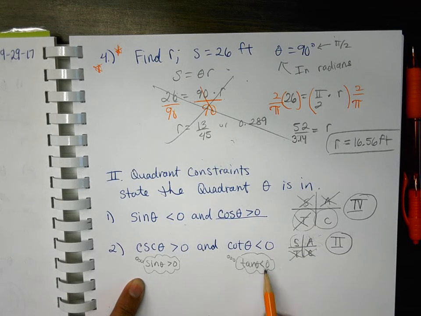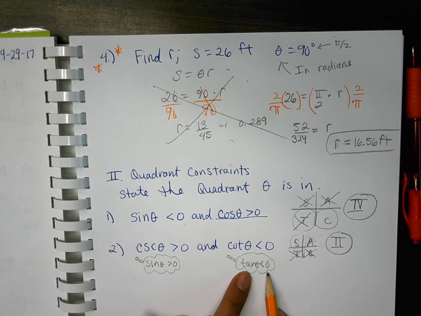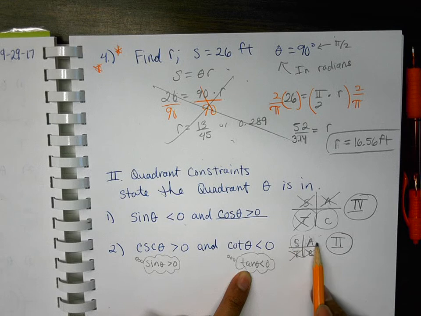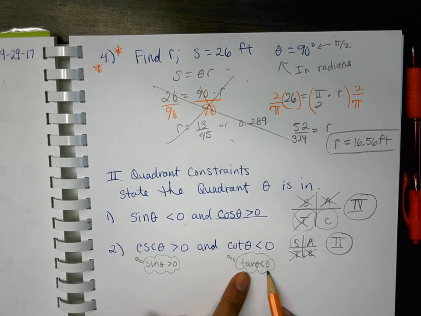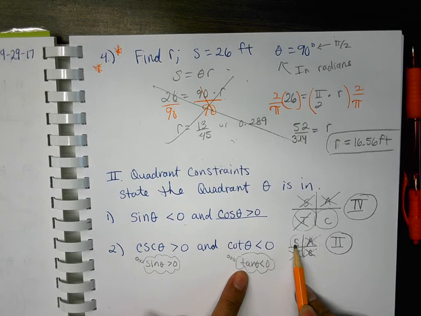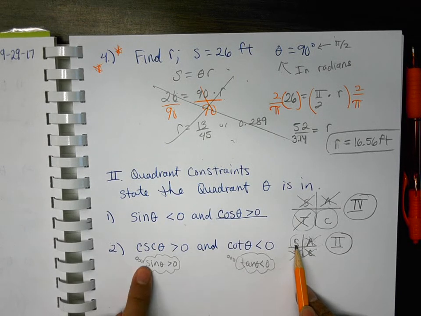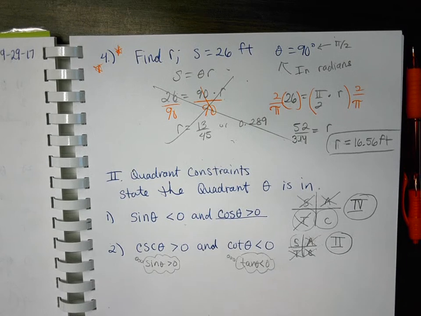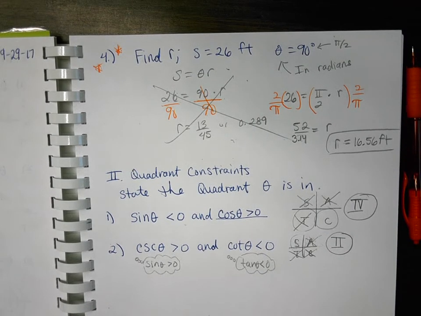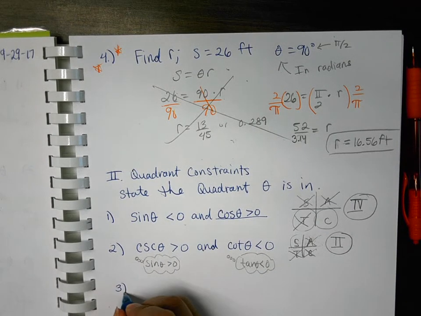And she said tangent needs to be negative, and here all are positive. So we can't be in quadrant 1 because tangent needs to be negative and everything's positive in quadrant 1, which leaves us with quadrant 2 where only sine is positive. So sine is positive and tangent is negative. Questions before I move on?